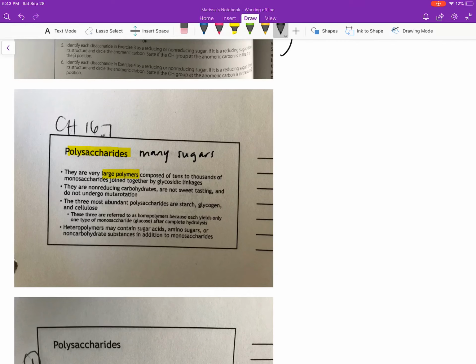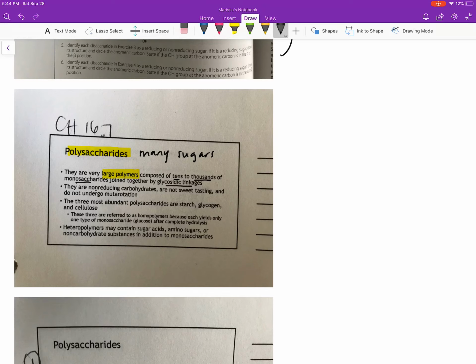So it is going to apply to your DNA, to proteins, to carbs. Polymers are something that we see a lot in biochemistry, which is where we are right now. And they are normally on the order of tens to thousands of monosaccharides that are all joined together by those glycosidic linkages. Okay.